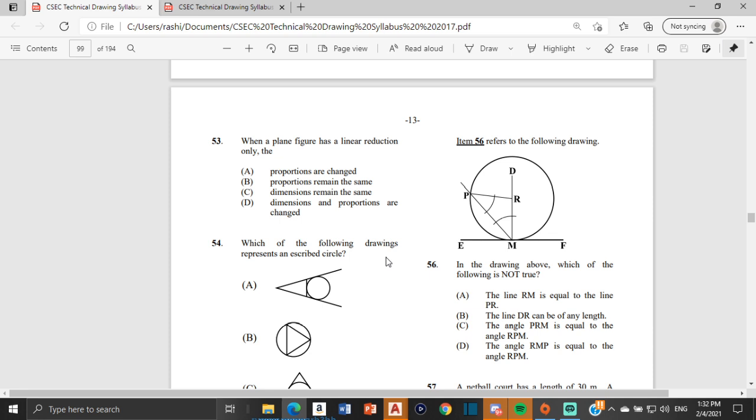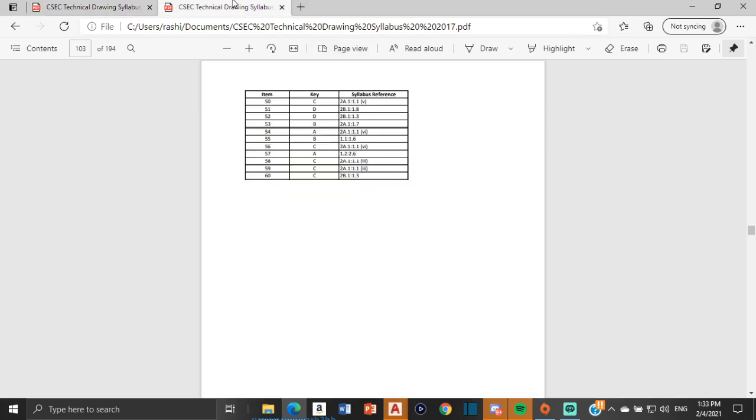The angle PRM is equal to the angle RPM. Yeah, that's not true. Or the angle RMP is equal to RPM. Let me see. Number 56. The answer is C.